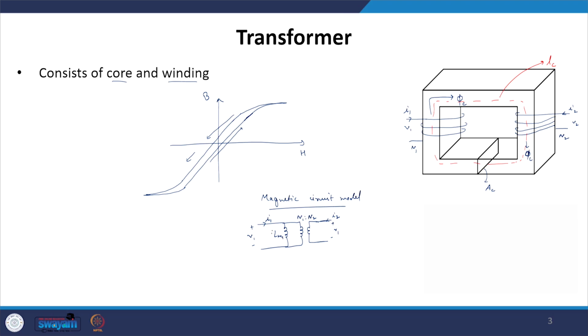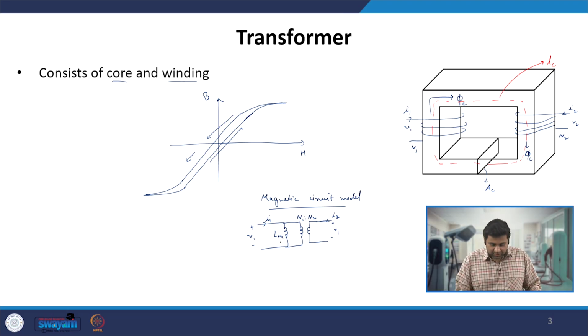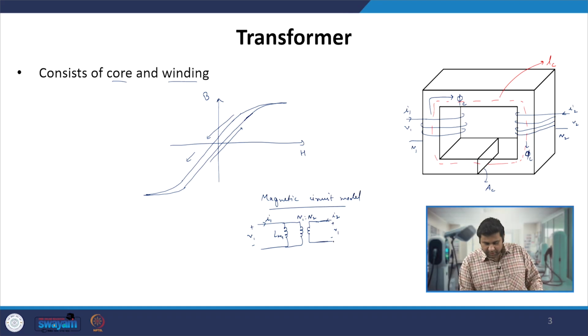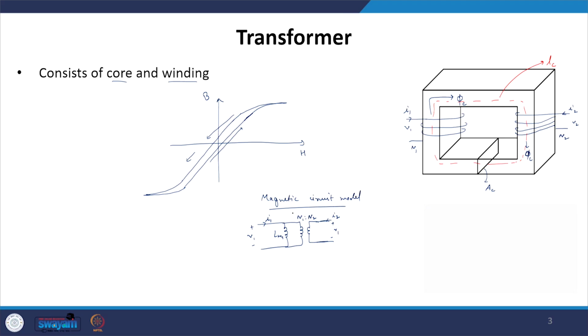This magnetizing branch of the transformer has the magnetizing inductance. Here we have not considered any winding resistances or the resistance corresponding to core losses. Here we have assumed the transformer to be a lossless transformer. So we can write the transformer model using the magnetic circuit model.